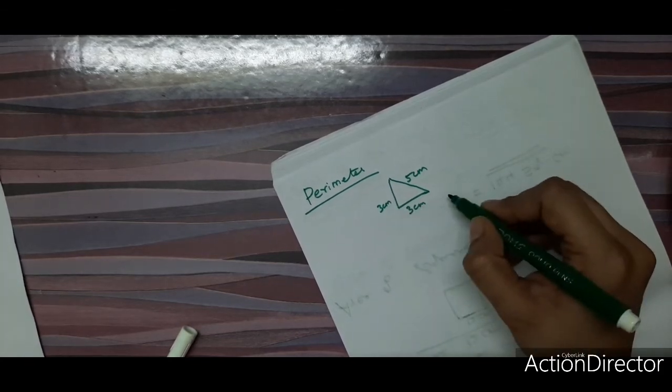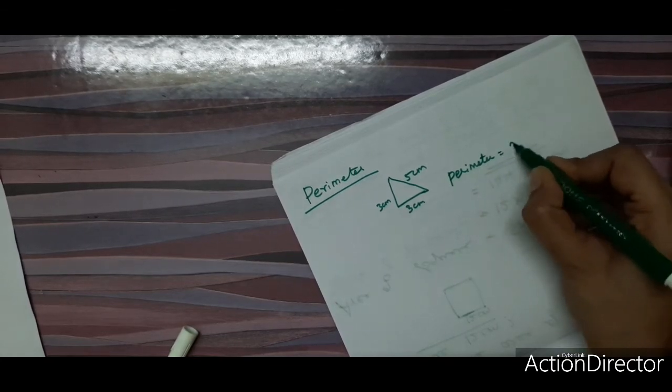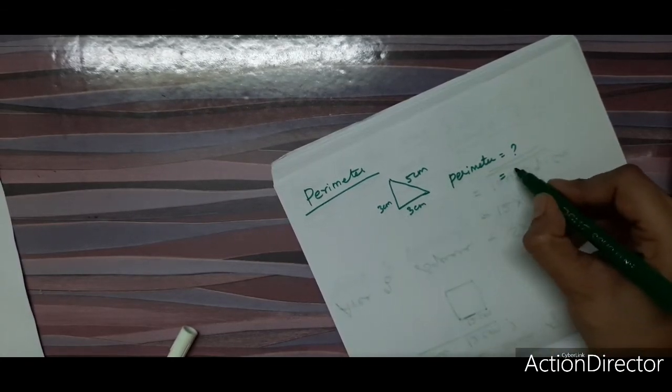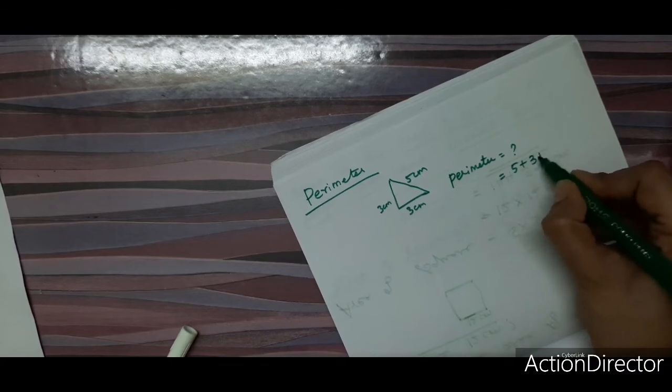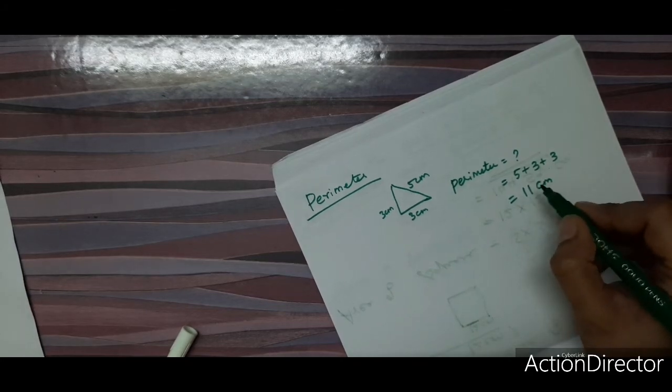How will you find the perimeter of this shape? You will add all the sides. So 5 plus 3 plus 3. Total how much? 11 centimeter. This is how you will find the perimeter of any closed figure.